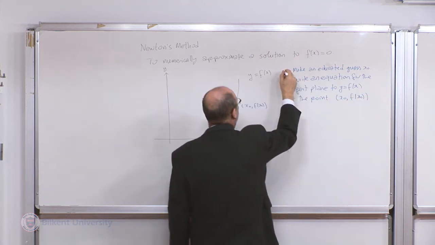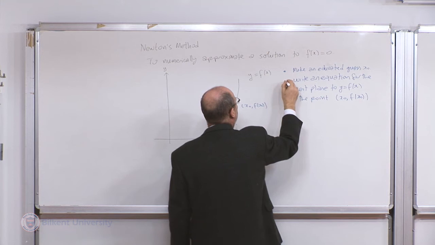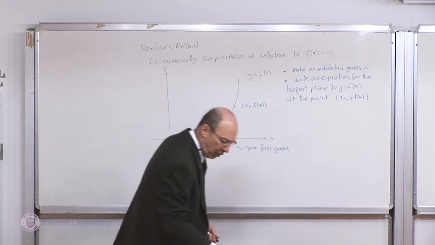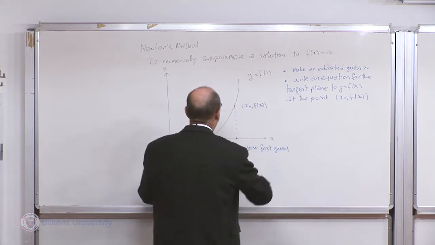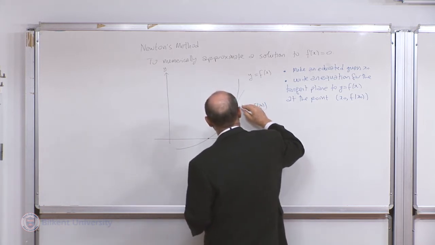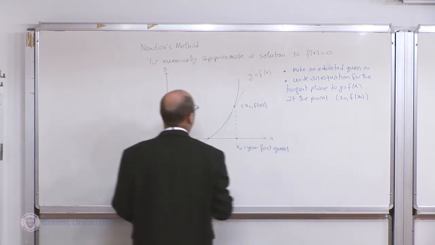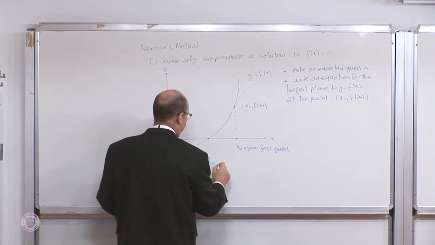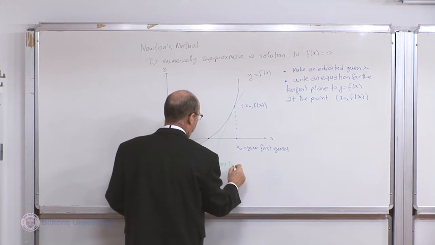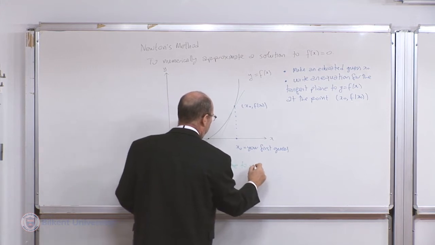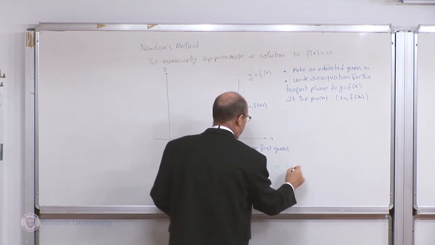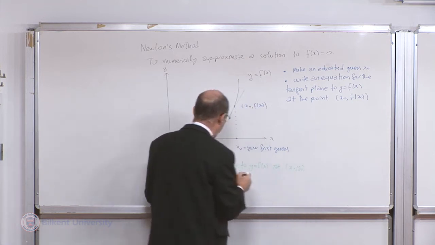This is your first thing to do. This is your second duty. So you draw a tangent line, to y equals f of x at x sub 0, y sub 0.